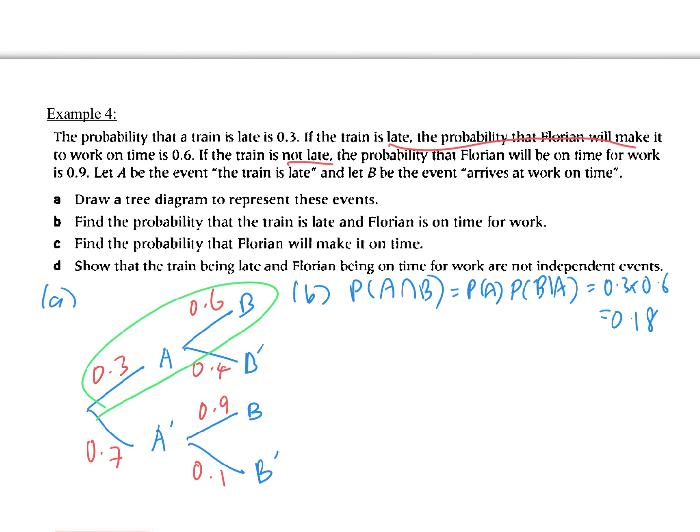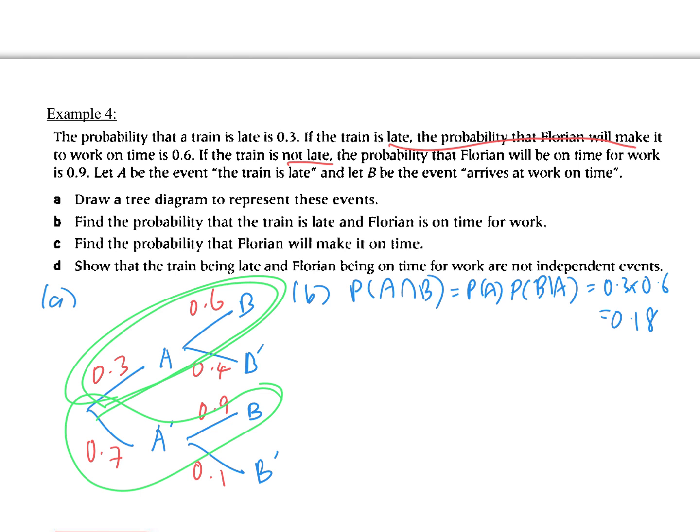Part C will be the probability that Florian will make it on time. So we look at the on time branches, this part here plus this part here.